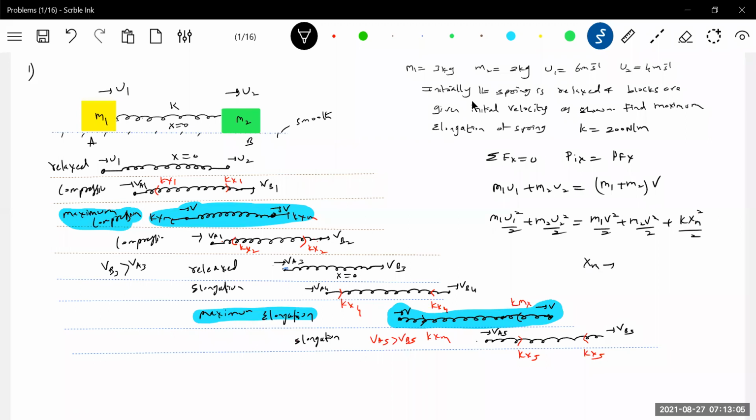What is xm? Xm I'll call maximum elongation or compression. Okay, do calculation later on.